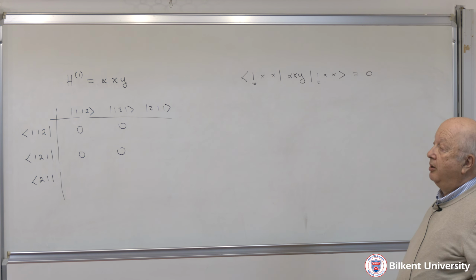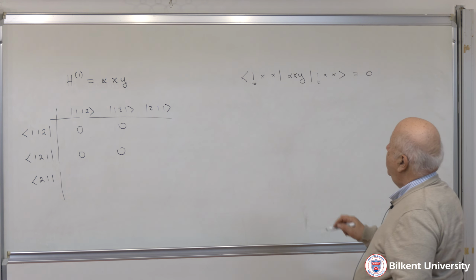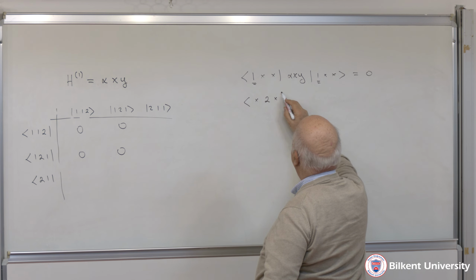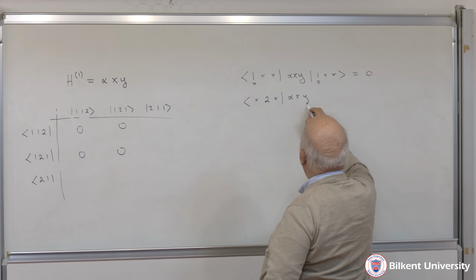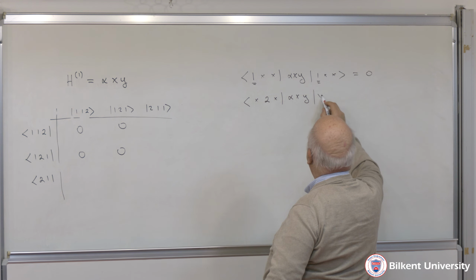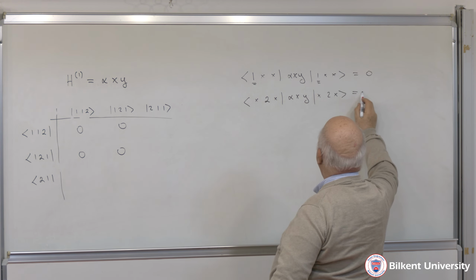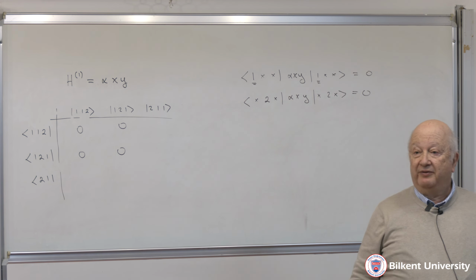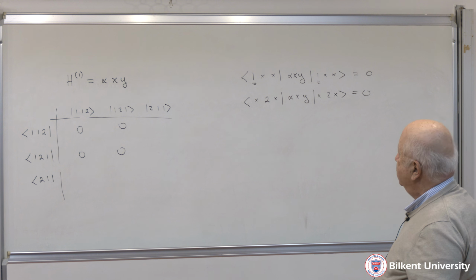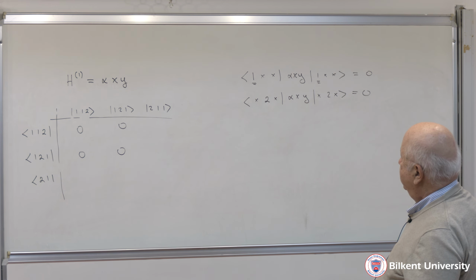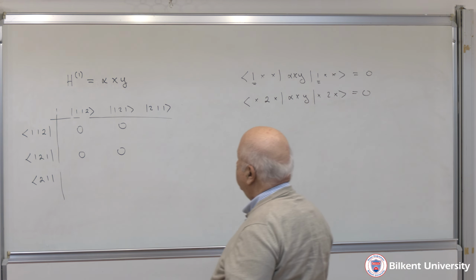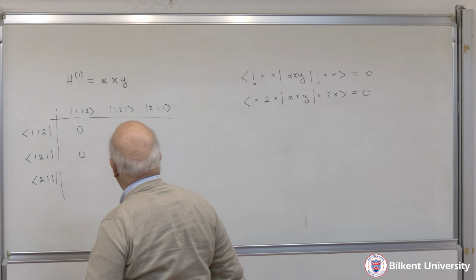Anything that has 2 and 2 is also 0. If I have something, alpha xy, like this, it is also 0, because now I am finding the average value of y, which is also 0.